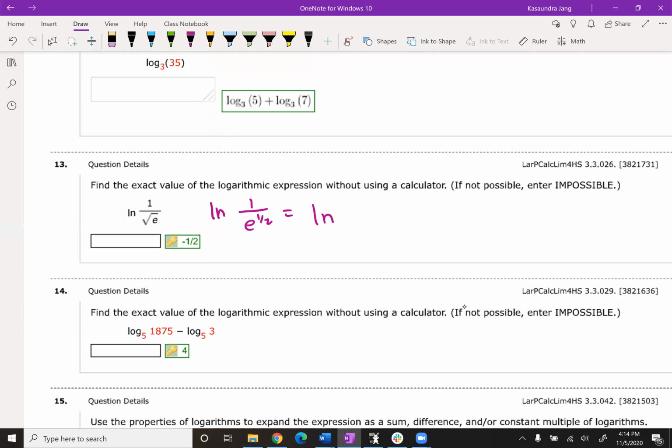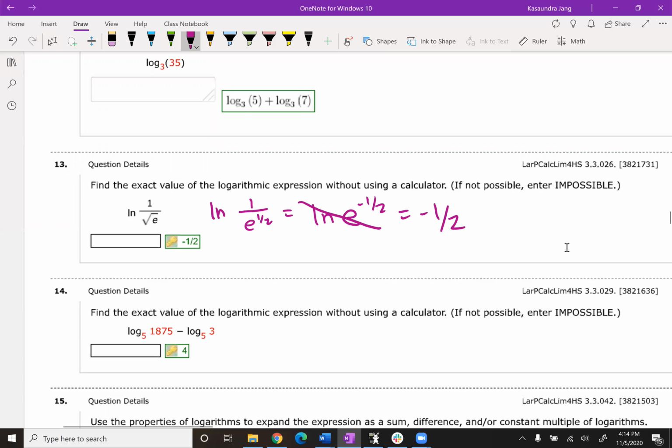If I want to put it up in the numerator, I can say it's e to the -1/2. So we kind of have to know our exponent rules. The whole reason I use those exponent rules is because now I have the natural log of e, which again, those are inverses, so those are gone. All I have left is the -1/2. But yeah, we had to use a lot of exponent rules on that one.